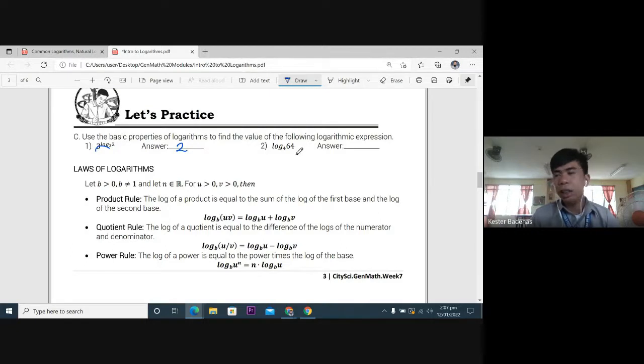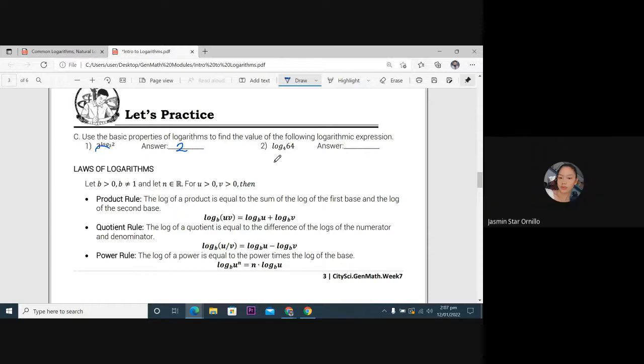Dito naman, sige, sagutin nyo nga number 2. Anyone from the class? We have logarithm of 64 with the base 4. Using property, what is the answer? Ayan. Any volunteer? 3, sir.